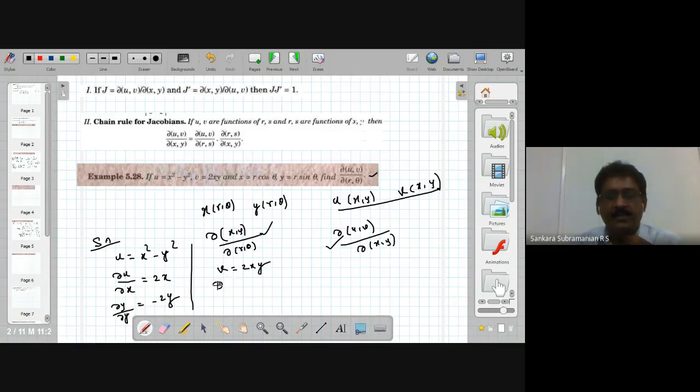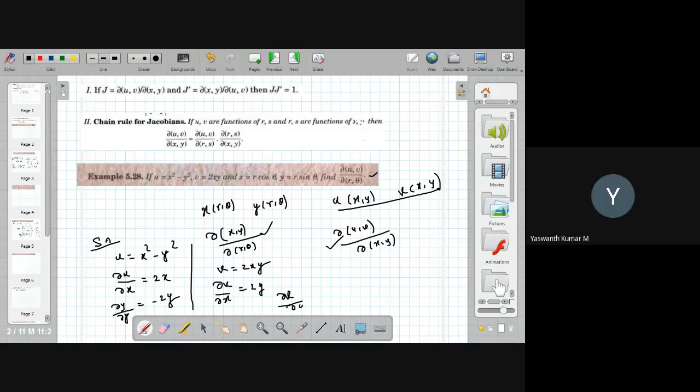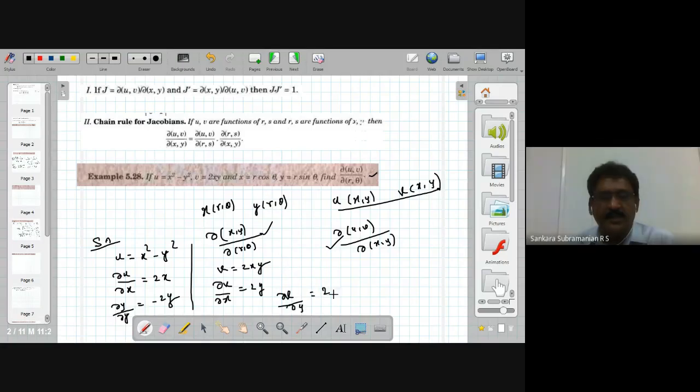So dou v by dou x: 2 is constant, y is constant, take it out. Differentiating x, we get 1. Similarly, we can find dou v by dou y. Dou v by dou y is equal to, you can take 2x common, constant, so you get 2x.